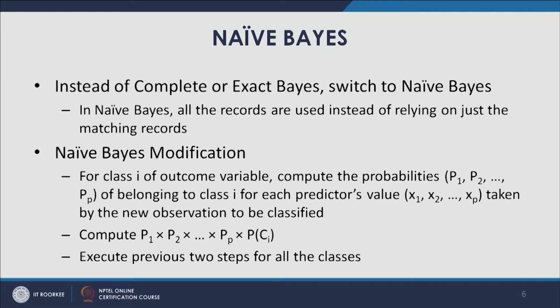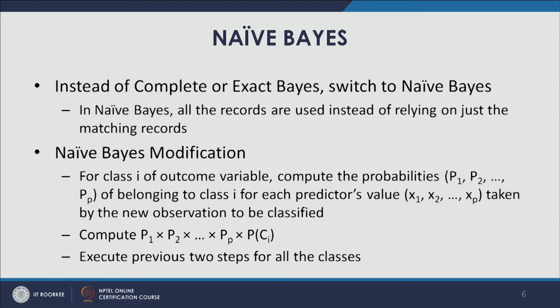As we discussed, for each of those values x1, x2, we compute the probabilities of those values belonging to class I. Then we compute the expression of all these probabilities multiplied by the proportion for that class, and this is executed for all the classes.